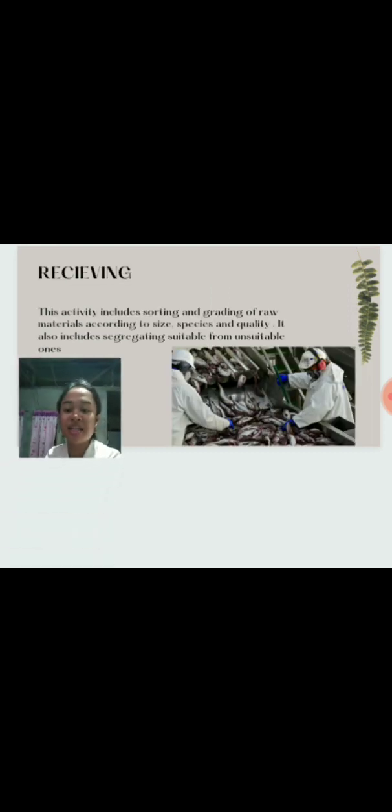Let us proceed to the activities of fish processing. First is receiving. This activity includes sorting and grading of raw materials according to size, species, and quality. It also includes segregating suitable from unsuitable ones.